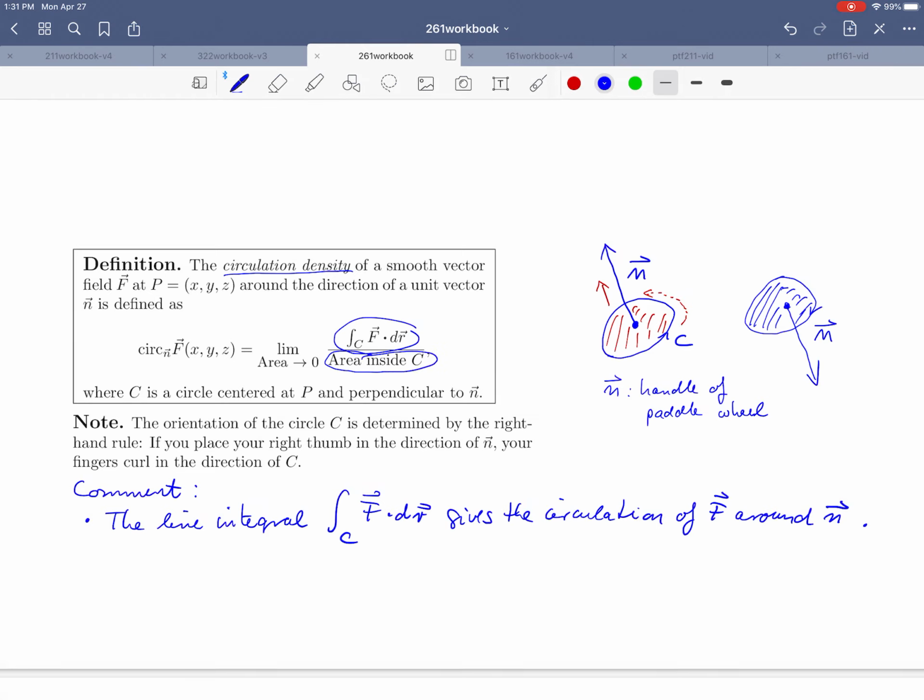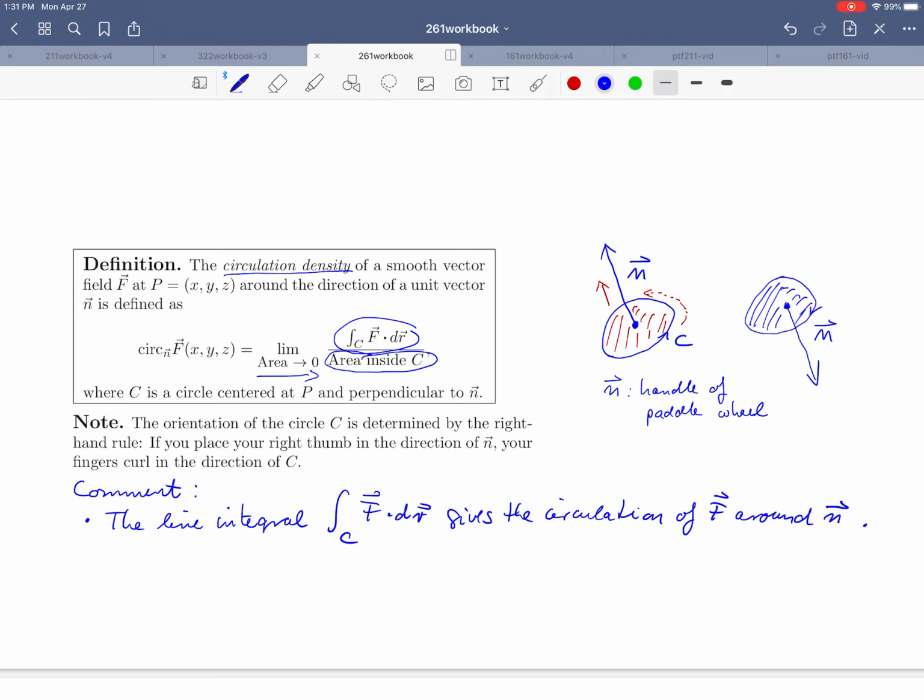Because we don't want the size of C to influence this idea of circulation density. And so we are dividing by this area, and then imagine you're taking smaller and smaller circles. So you're letting the area go to 0. That gives us this idea of a circulation density that doesn't depend on the size of this circle that is in the line integral.